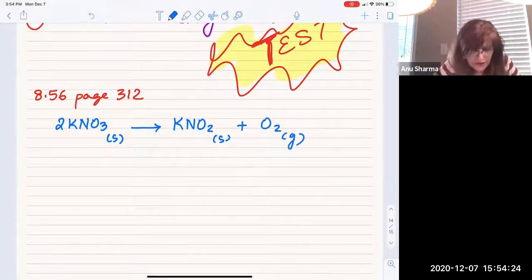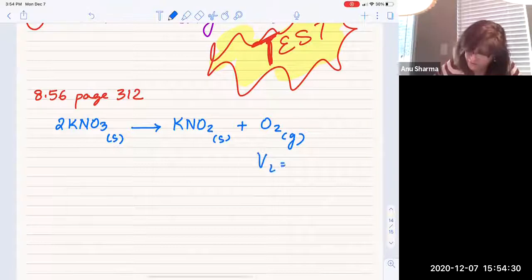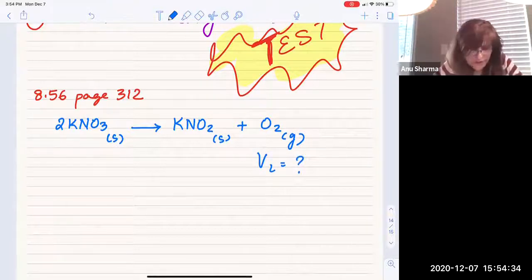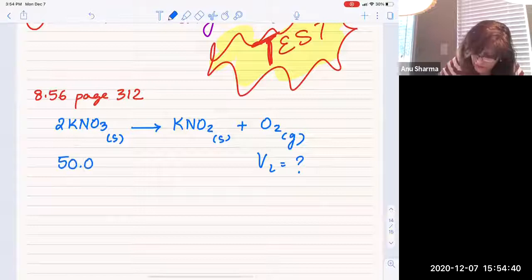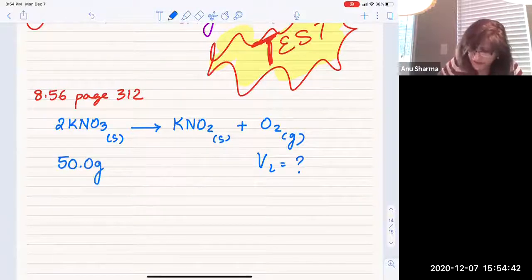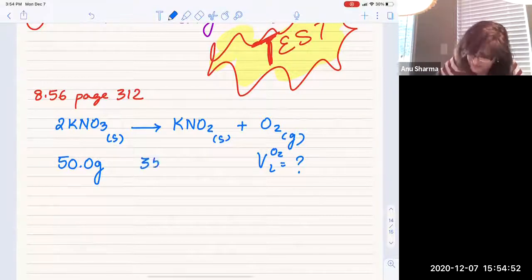So now the question is: potassium nitrate decomposes to potassium nitrite and oxygen. What volume in liters of oxygen can be produced from the decomposition of 50 grams of potassium nitrate? So you are taking 50 grams of potassium nitrate and you are trying to find the volume of oxygen gas at 35 degrees Celsius.